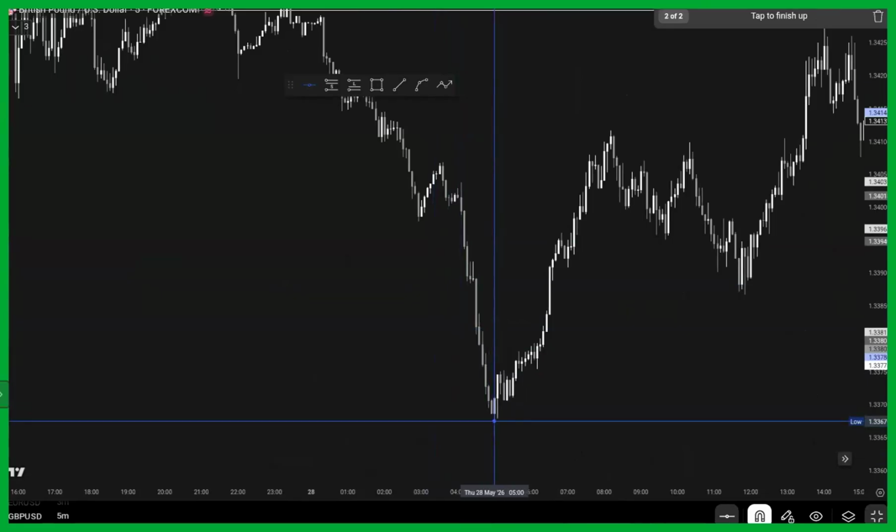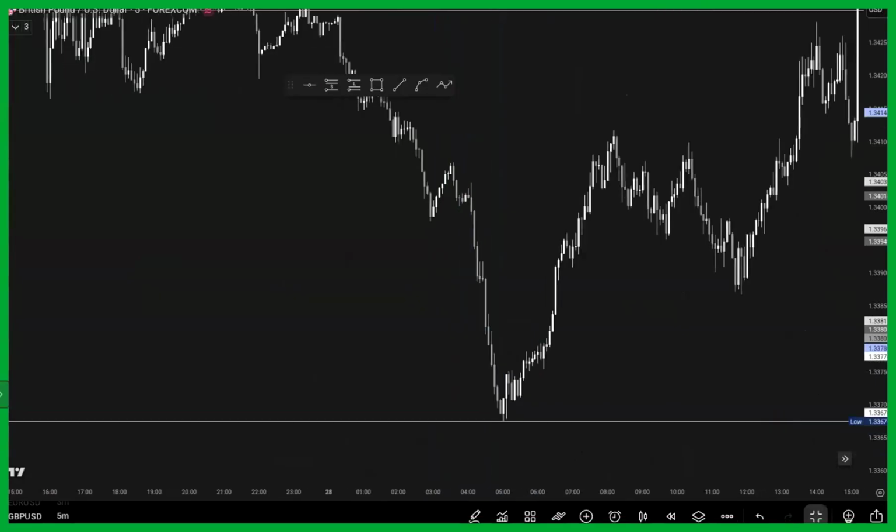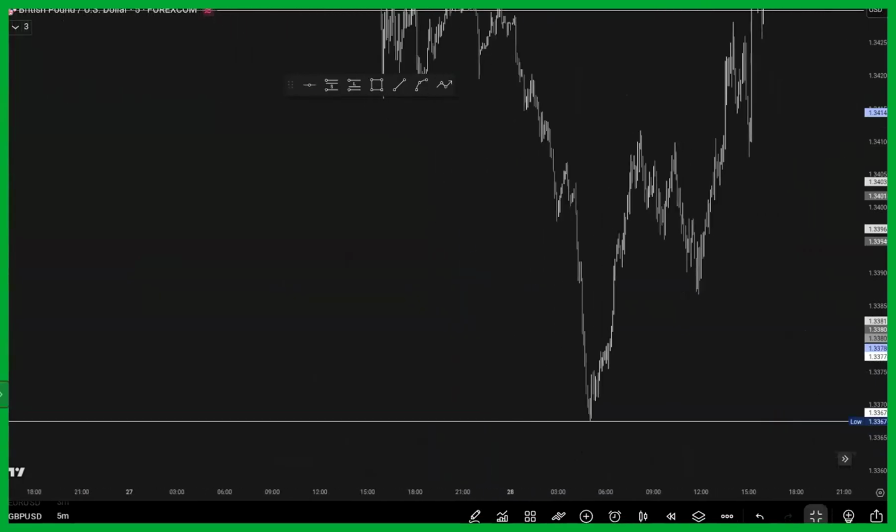That was 5 a.m. in the morning for Thursday. That was when we got this particular low. That is the lowest point that price got to, right?